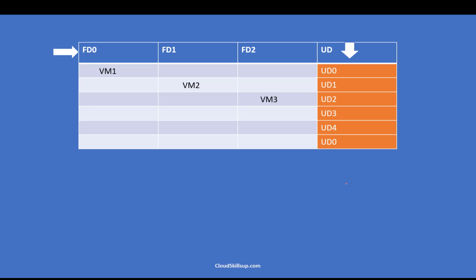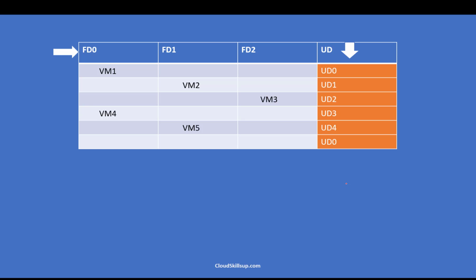Now the fourth VM spins up. How will it work? It will start again from 0. Your fourth VM will be moved into fault domain 0 and update domain 3. In the same way, the fifth VM will go into fault domain 1 and update domain 4.